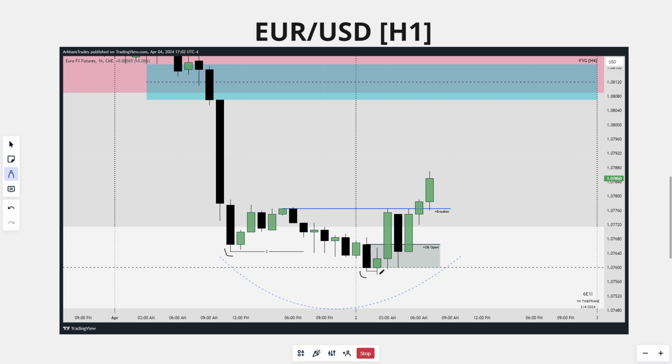After taking out those lows during London session, we then see that displacement to the upside by this candlestick right here, leaving this last down close candle. Price action hovers around this last down close candle for a little while before then overall leaving that area. We still have this overall H4 bearish fair value gap as our area of targeting here on the higher time frames.